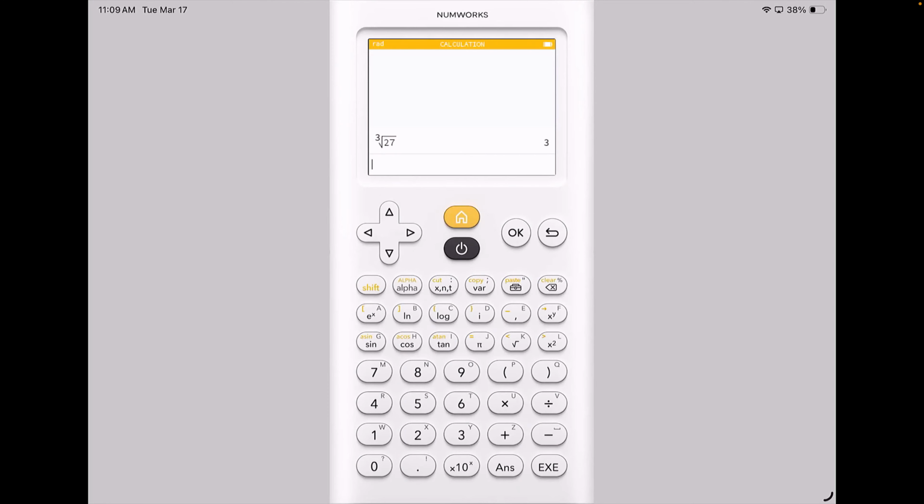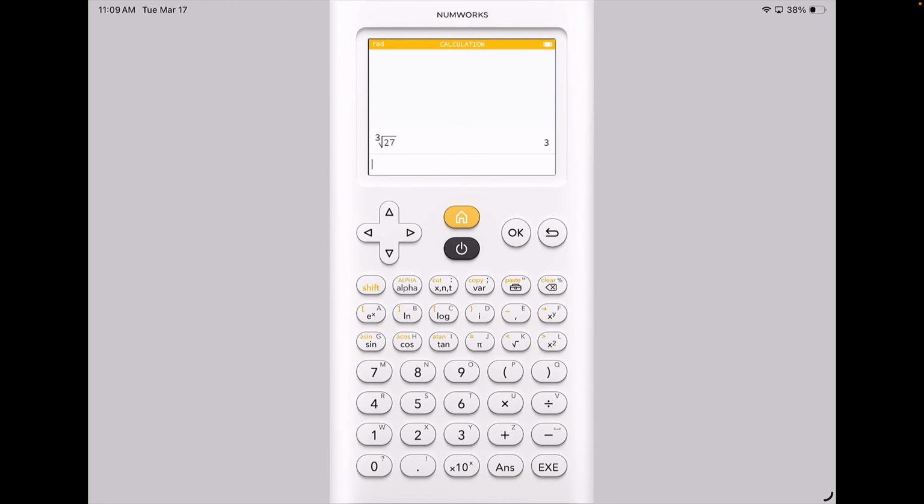So it's negative because I want it to go down. How do I write third root as a power? I can't write -3 because that means to the third power. So how do I write the third root as a power? 1 over 3.